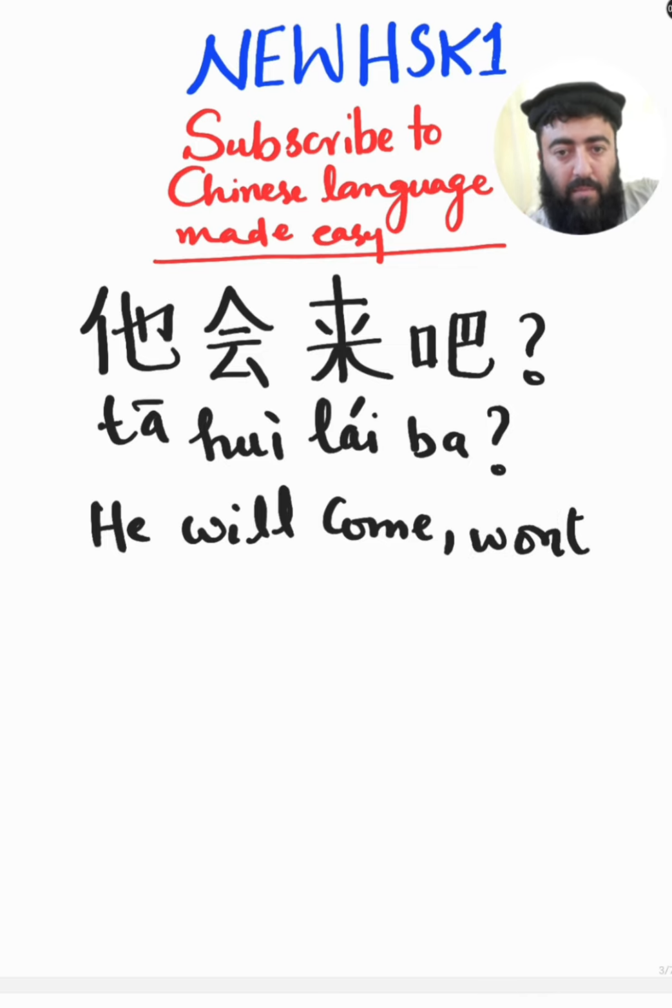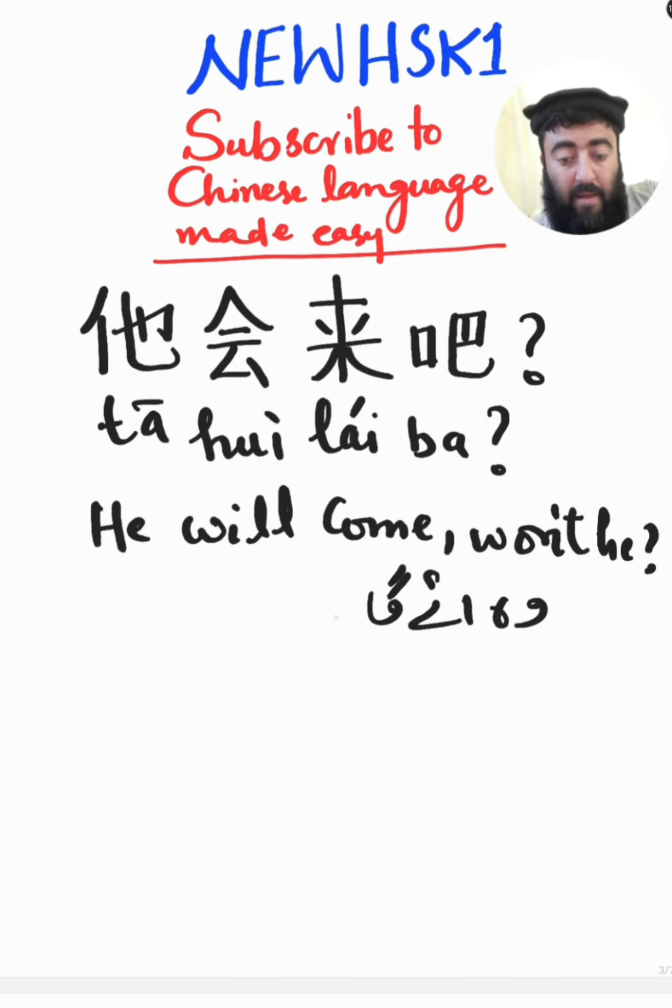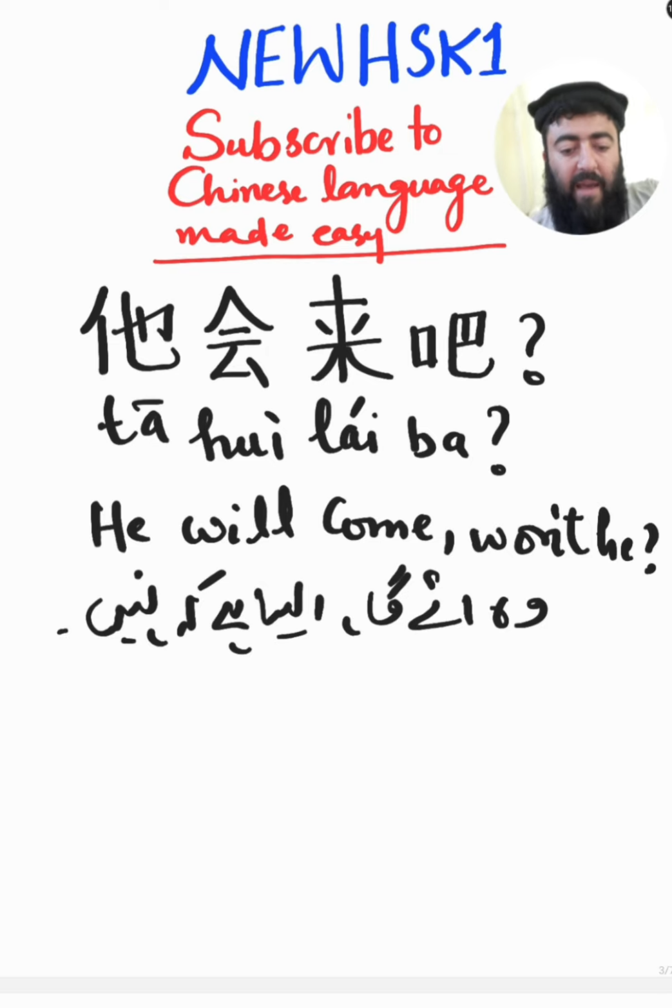He will come, won't he? Will he come or not? 他会来吧, he will come, won't he? So it is used for confirmation, to confirm if he is really coming or not. So this is another use of this word.